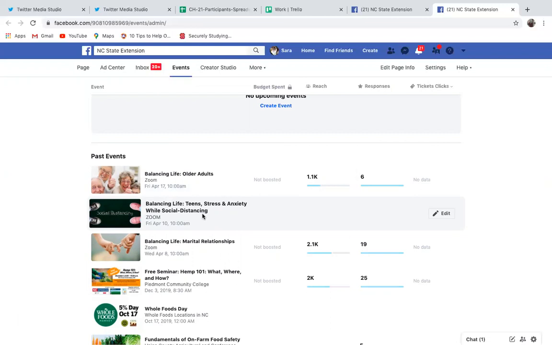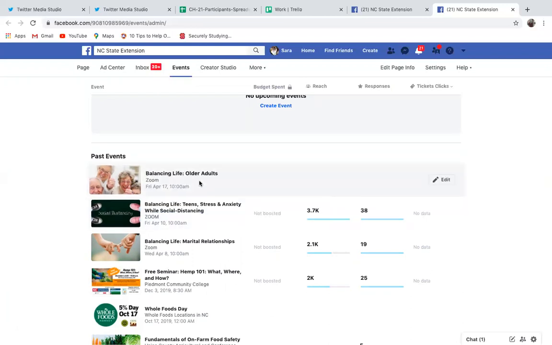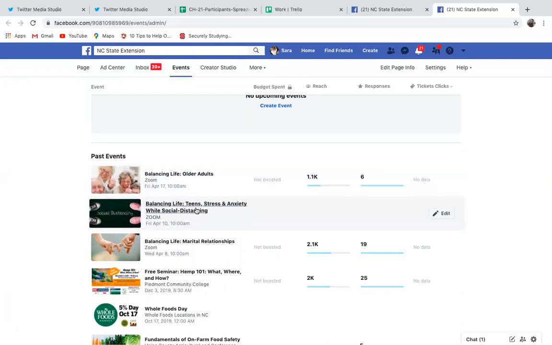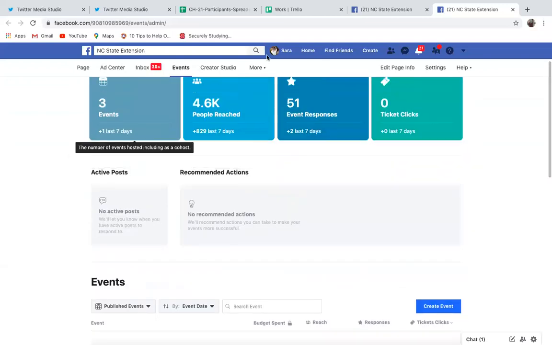These were both the same event, but I can concur that people care more about how it's affecting teenagers maybe than how it's affecting older adults. So maybe our followers are really interested in more of their parents and they have teenagers and they're trying to help them out. So yeah, that's something else you can look into. And I'm going to X out of that.